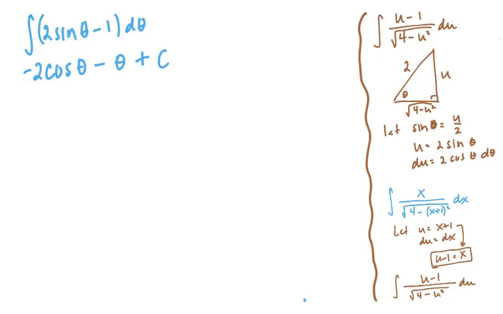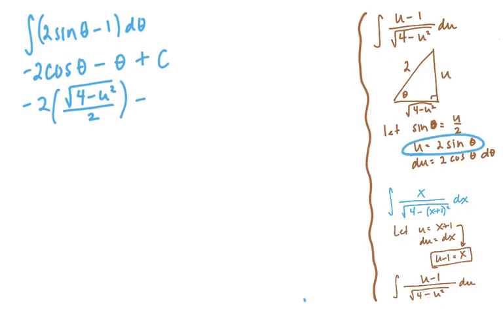Okay, so off to the side are all of our notes over here. So let's go over there. We have negative 2, and then cosine of theta is adjacent over hypotenuse, so it's the square root of 4 minus u squared all over 2. Minus, and theta, if we go back over here, u equals 2 sine theta.